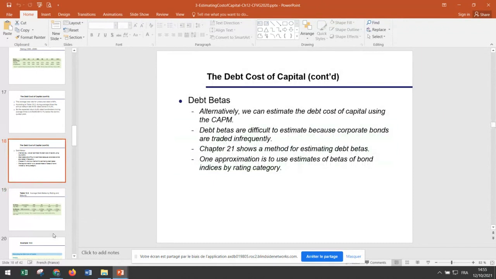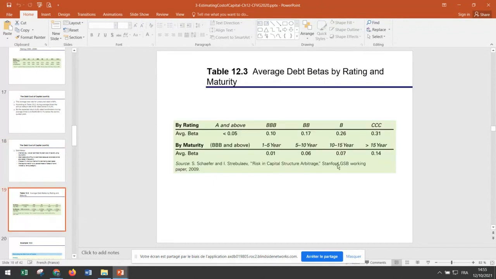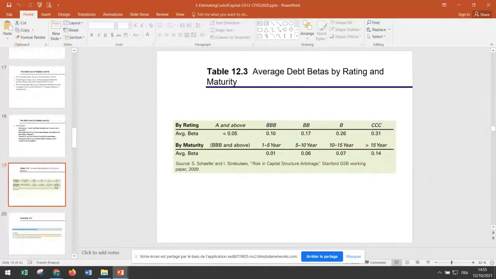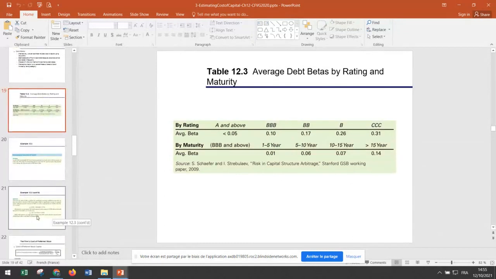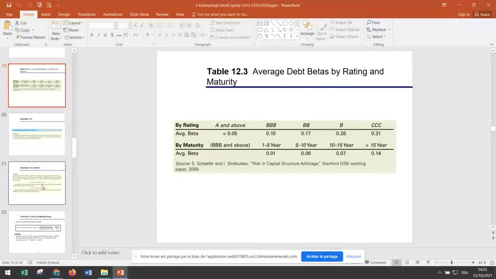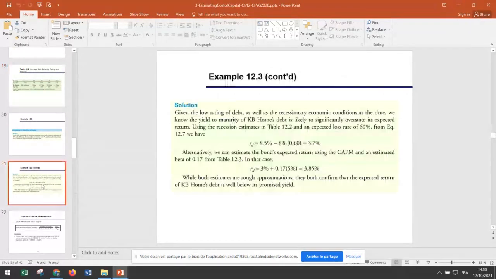Once you can compute the debt beta, you can borrow the CAPM to compute the cost of debt capital, the RD, based on the debt beta. So you have two ways to calculate it.